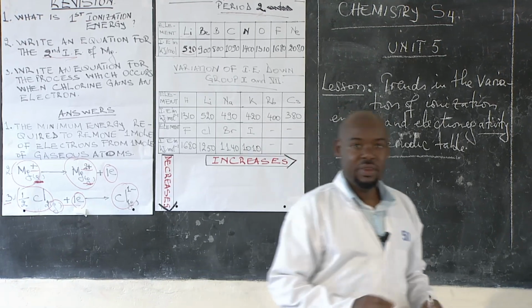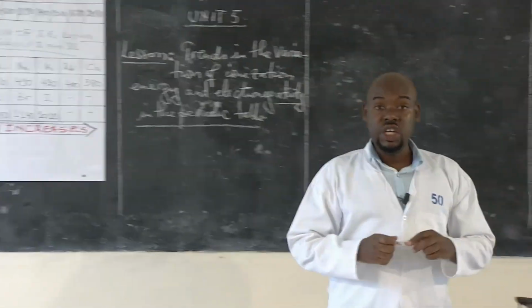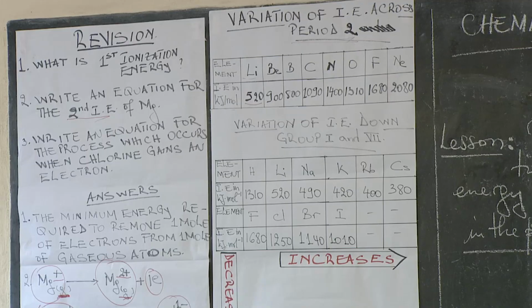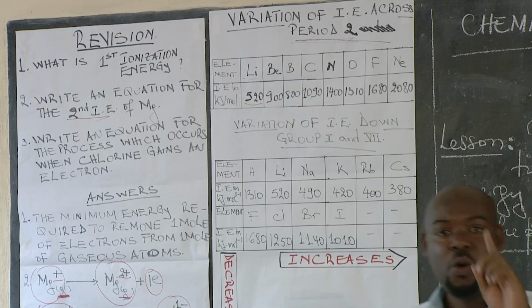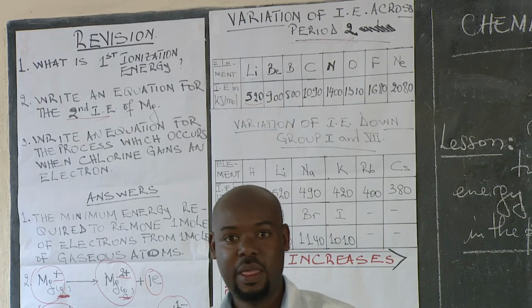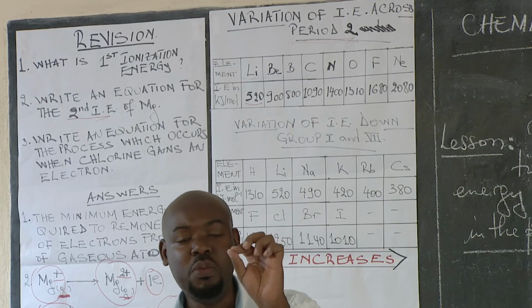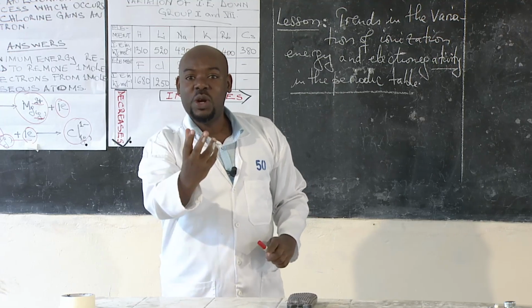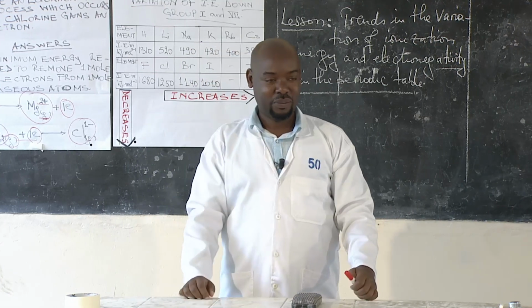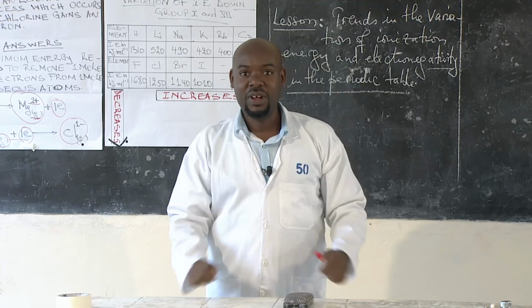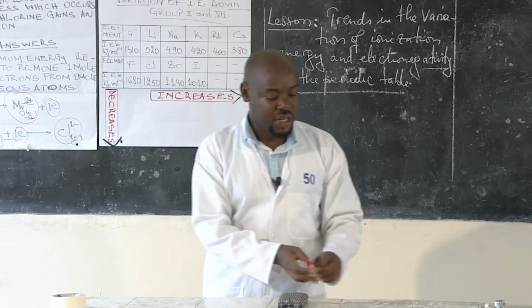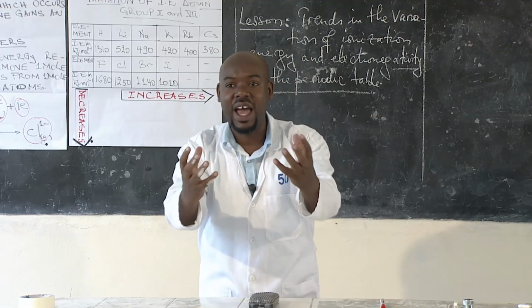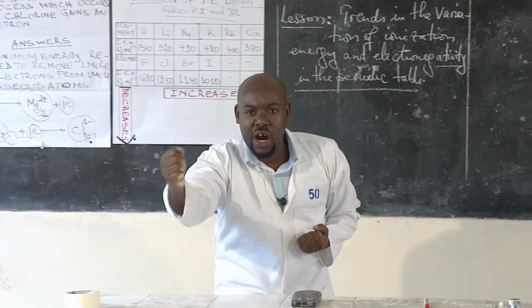Good. This ionization energy is increasing because of one main reason. It is because as we move across the period, the atomic radius is decreasing. Remember, the atomic radius is decreasing because electrons are experiencing a stronger attraction.